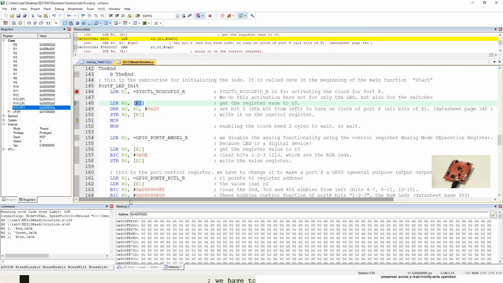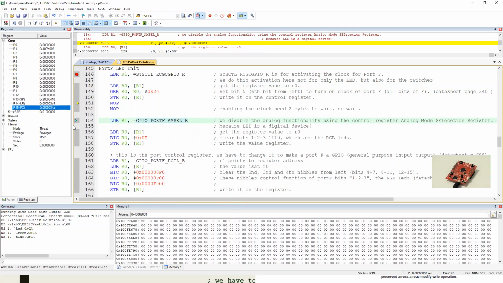Because when you reset it, everything is set to 0. The ports are set to 0. You don't even get clock signal to the ports. That's a reset procedure defined specifically for this card. That's why when you reset your device, everything is set to 0, and you don't even get a clock to your ports. And if you don't have a clock, your LEDs, which are connected to the ports, cannot work. Any other questions?